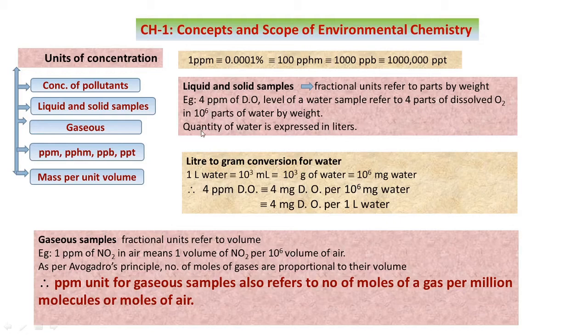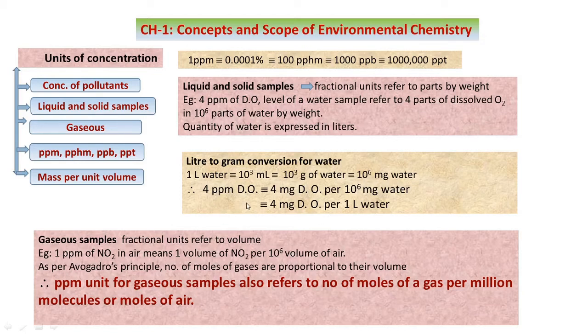Quantity of water is expressed generally in liter. So if we convert it into liter, 1 liter of water means 10 raised to power 3 milliliter, that means 10 raised to power 3 gram of water. So it's nothing but 10 raised to power 6 milligram of water.